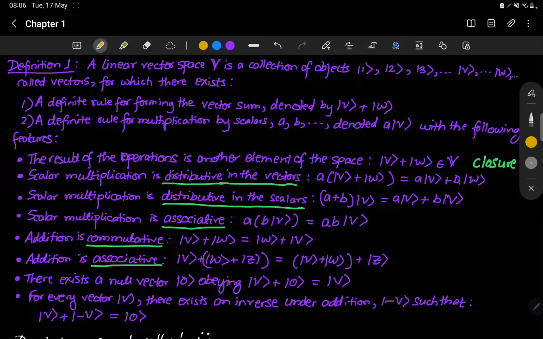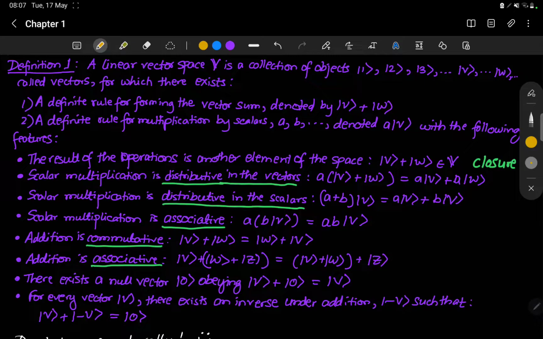Then finally we have the definition of the null vector. So a linear vector space needs to have a null vector, following this rule that the addition of the null vector to a given vector leaves that vector unchanged. And then lastly we define an inverse of a vector. So adding a vector to its inverse would result in getting the null vector. So these are the 8 axioms.